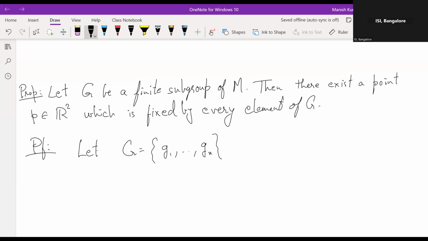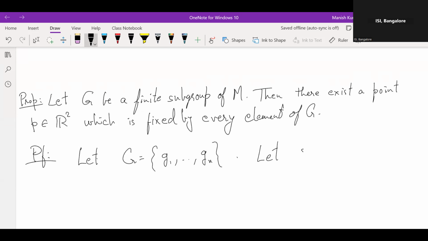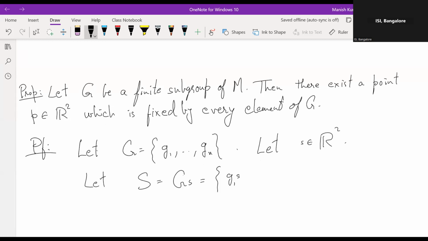So let S be a point in R2, some element of R2. Then we look at the orbit of S. So let S equals GS, that is G1S to GnS.